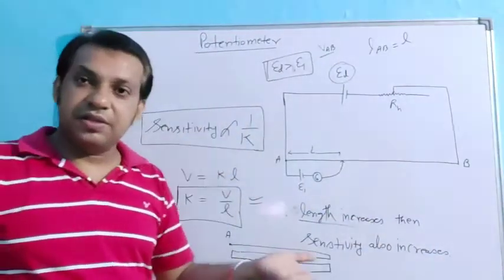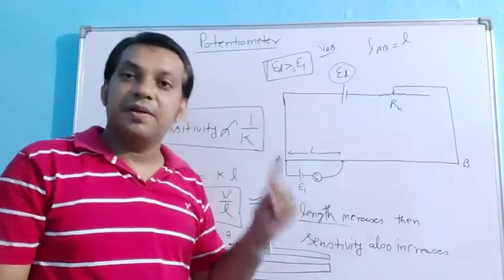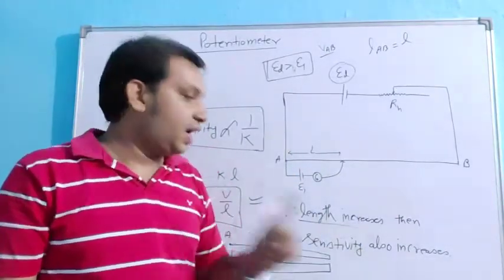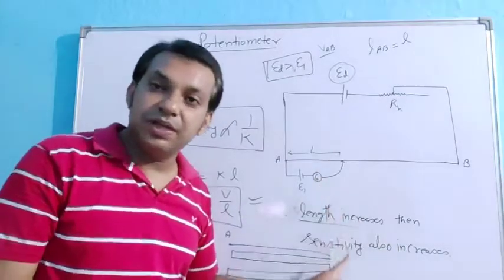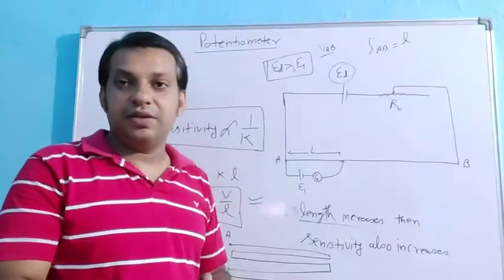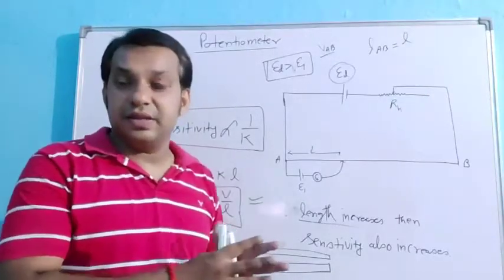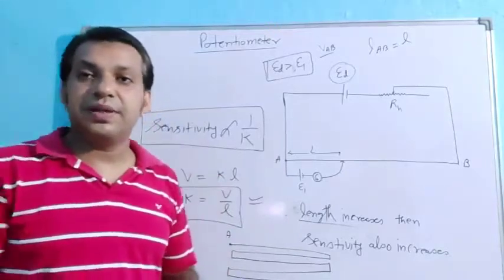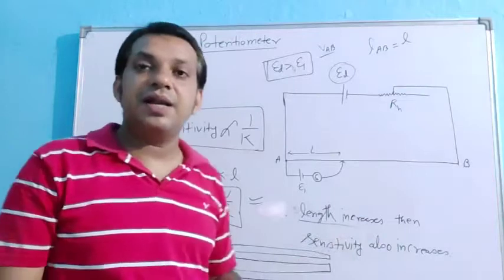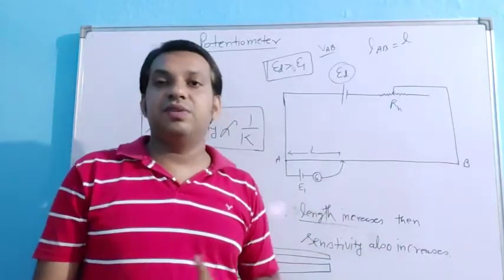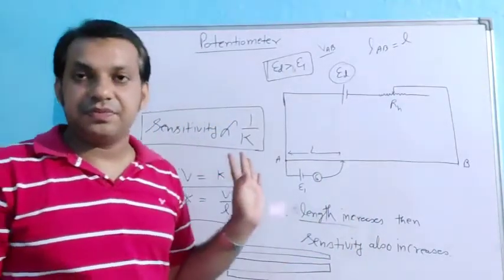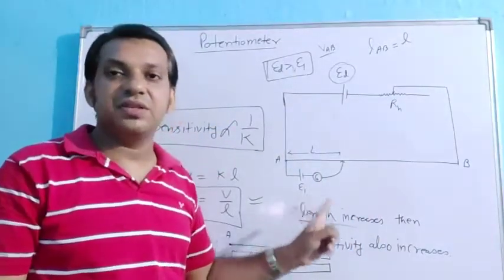So we can use the meter bridge wire, but in that case the sensitivity of the potentiometer decreases. अगर length decrease होगा तो potentiometer की sensitivity भी decrease हो जाएगी. So your answer should be yes, we can use the meter bridge wire in place of this potentiometer wire, but the sensitivity of the potentiometer will be reduced because the length is reduced.